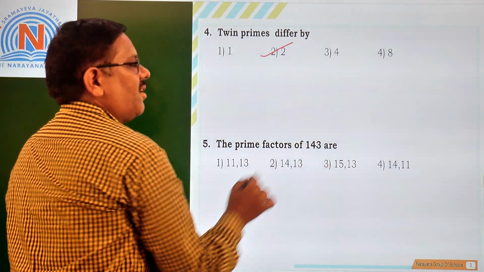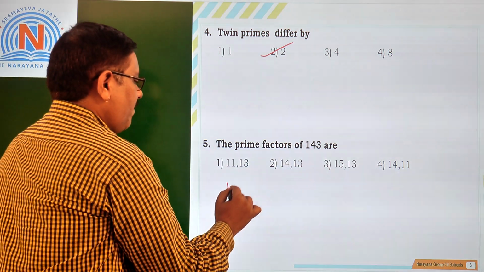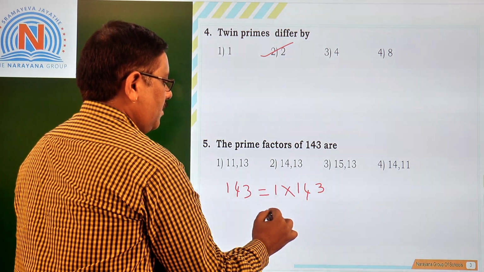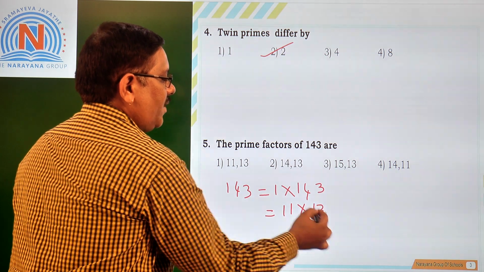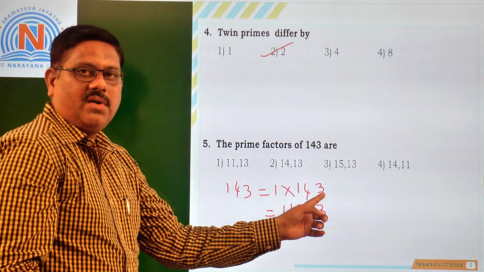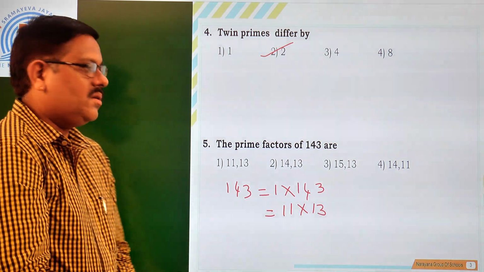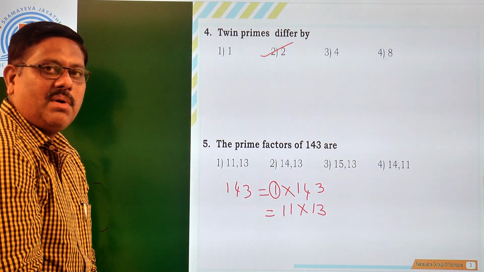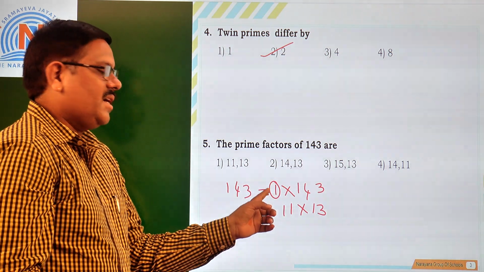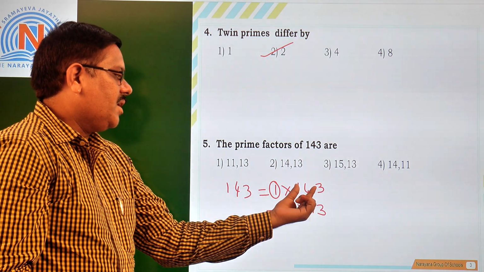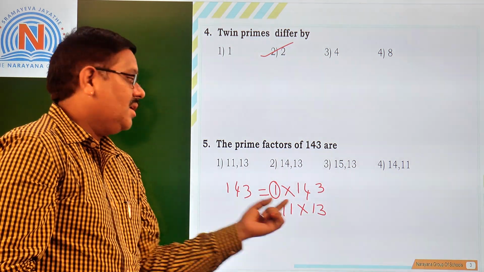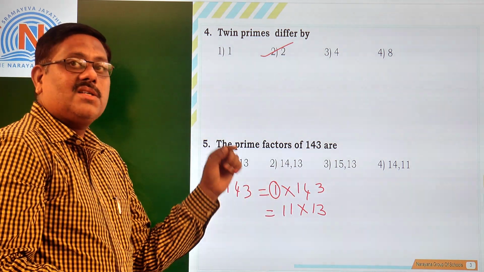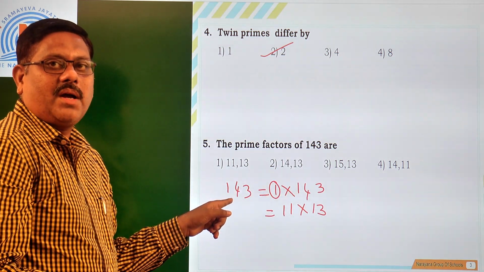The prime factors of 143 are. So if you look at 143, we can write it as 1 into 143, 11 into 13. In this, 1 is neither a prime number nor composite. 143 has 11 and 13 as factors other than 1 and itself, so 143 is not a prime number.